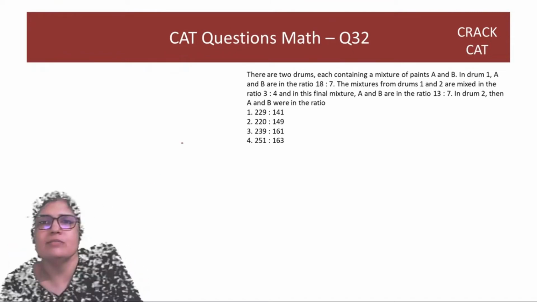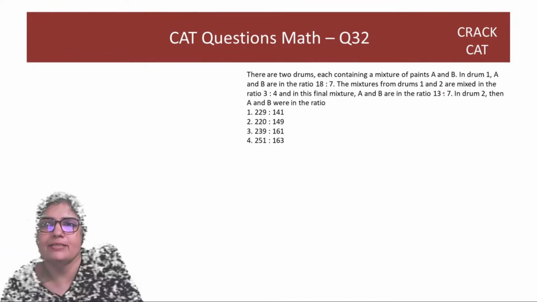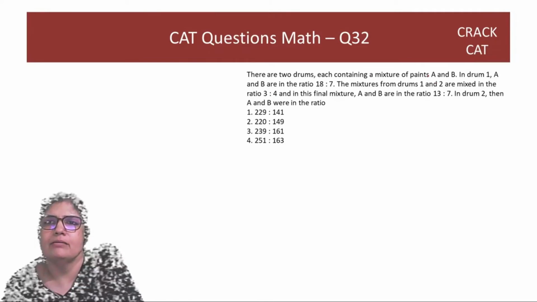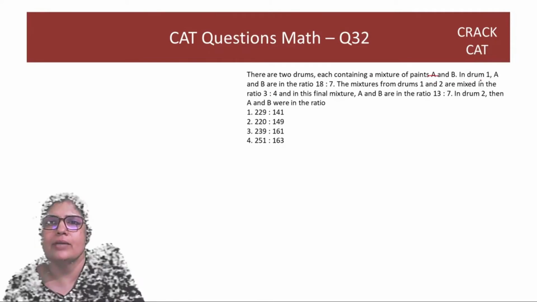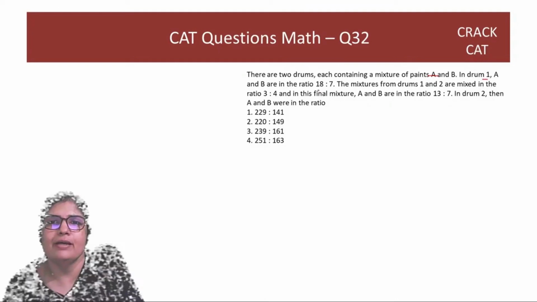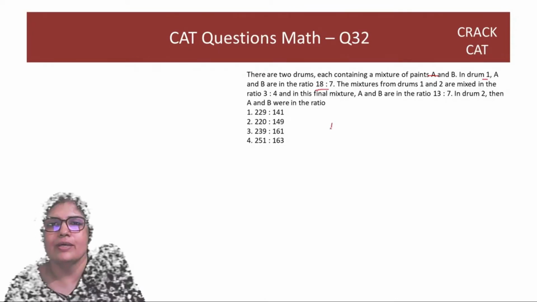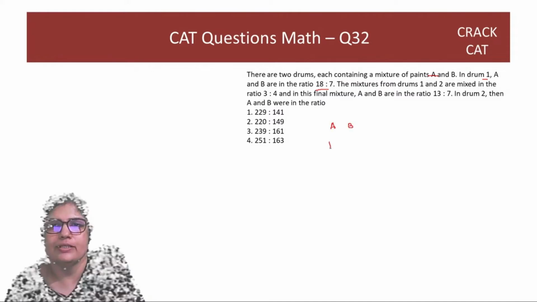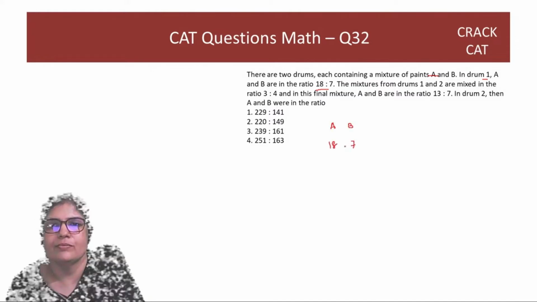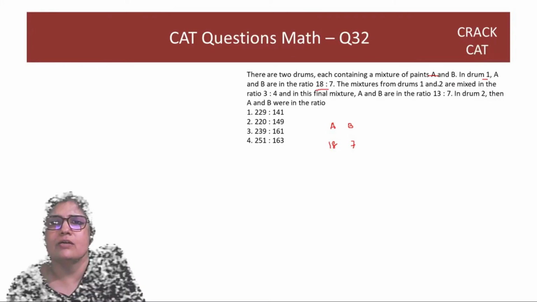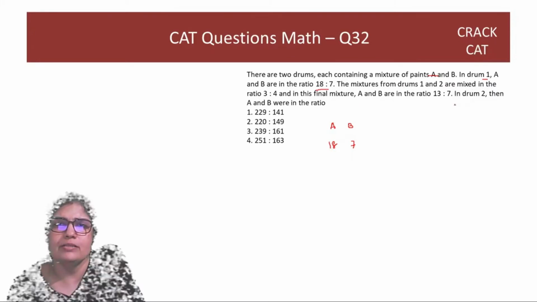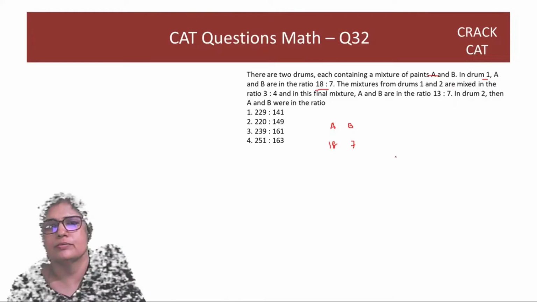There are 2 drums each containing a mixture of paints A and B. Okay, in drum 1, A and B are in the ratio 18:7. The mixtures from drums 1 and 2 are mixed in the ratio 3:4.